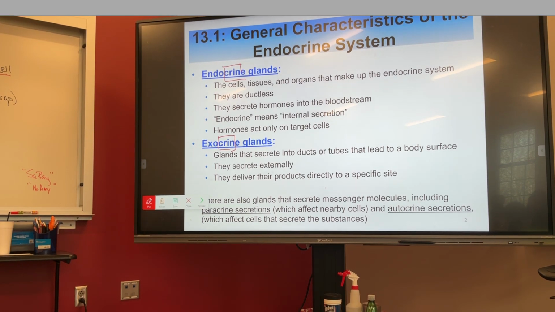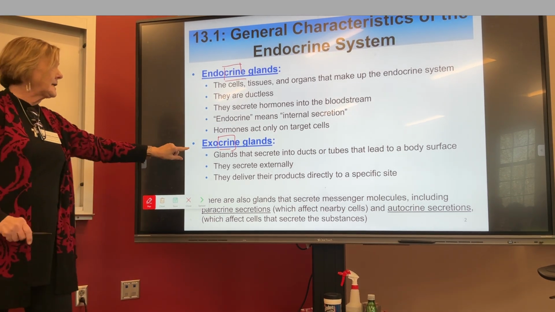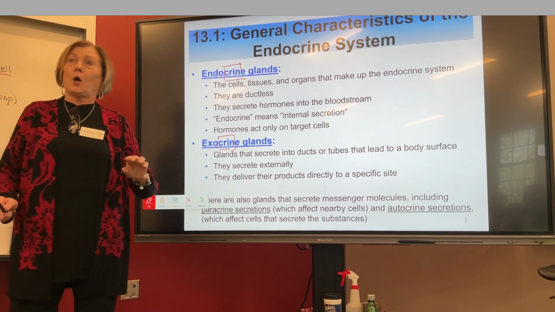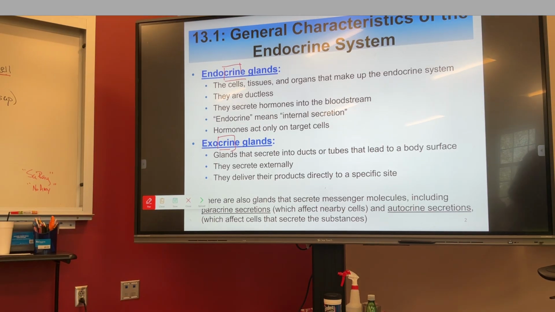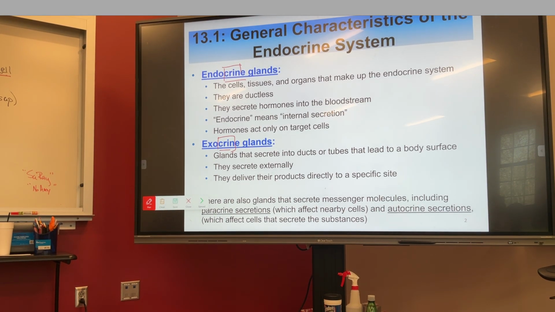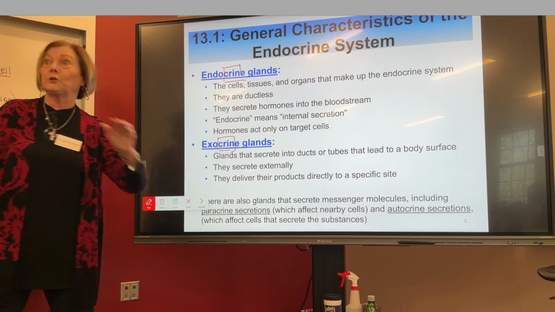Okay, so now let's look at all the words. Endocrine glands, exocrine glands. So, my question to you, what is doing the secreting? Gland. The gland's secreting. This gland is secreting something inside.